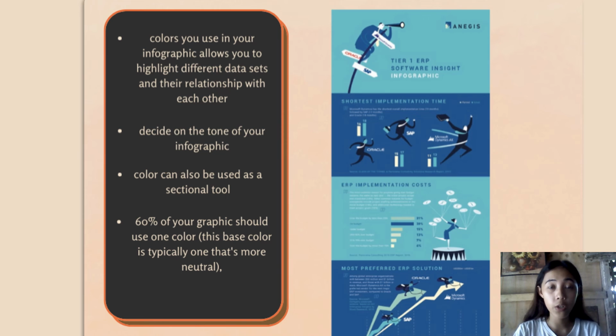That's why colors are also important in infographic design, because they can easily convey the idea of what the infographic design is all about to the viewers or the audience. And also, it catches their attention.